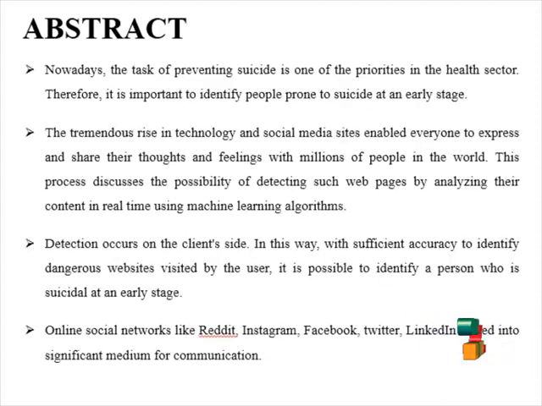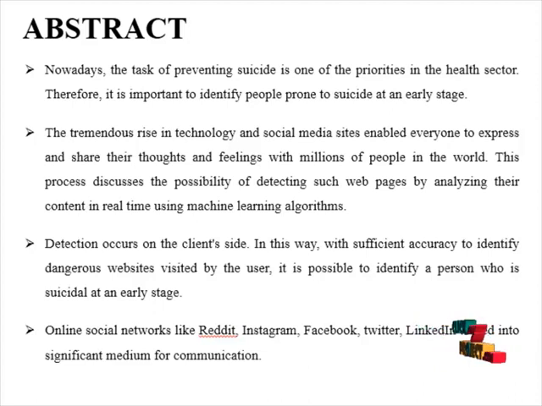The title of the project is Detection of Dangerous Web Pages based on the analysis of suicidal content using machine learning algorithms. The abstract of the project: nowadays the task of preventing suicide is one of the priorities in the health sector. Therefore, it is important to identify people prone to suicide at the early stage. The tremendous rise in technology and social media sites enabled everyone to express and share their thoughts and feelings with millions of people in the world.